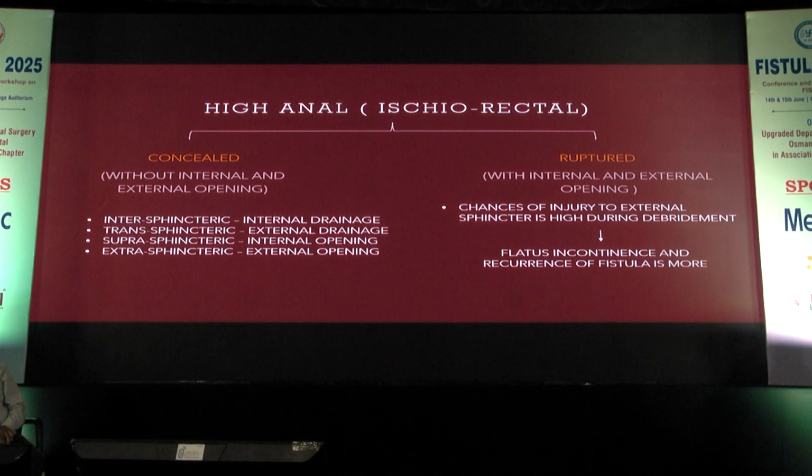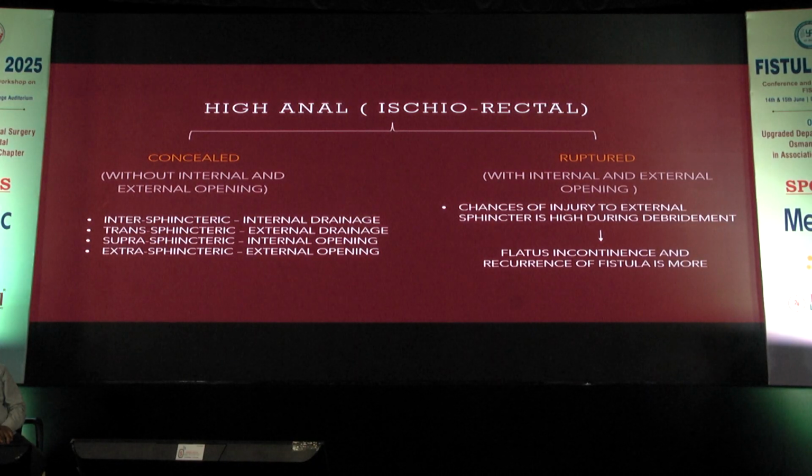Coming to the ruptured ischiorectal, which is a higher one, there is a chance of injury during the debridement. You have to be very careful in dealing with that, because there is every chance of injuring the internal sphincter, where you may land up with flatus incontinence, and recurrence of fistula will be more. So be very careful in the high anal ischiorectal fossa, especially when the abscess is there, where it leads to ramifications.